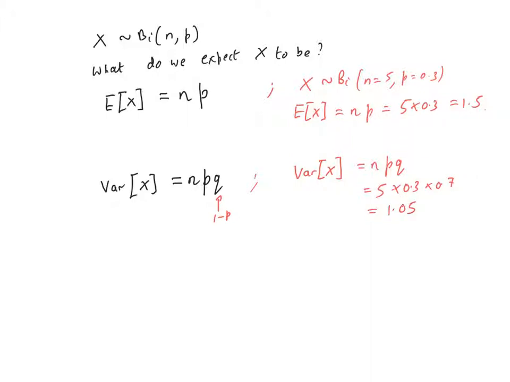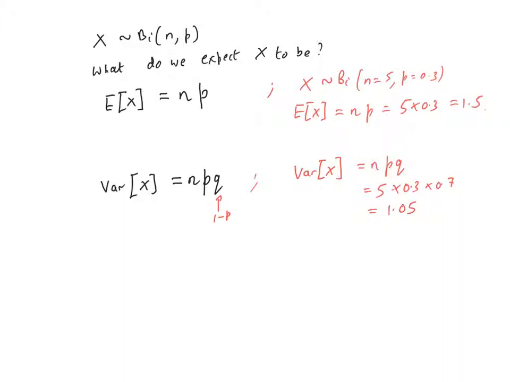So that's a measure of the spread of the random variable. So sometimes the random variable takes the value 0, sometimes it takes the value 1, sometimes 2, sometimes 3, 4, and 5, and it takes those values with certain probabilities that we've seen already. Well, on average, you'd get 1.5, and a measure of how spread out those values 0, 1, 2, 3, 4, 5 are would be 1.05.